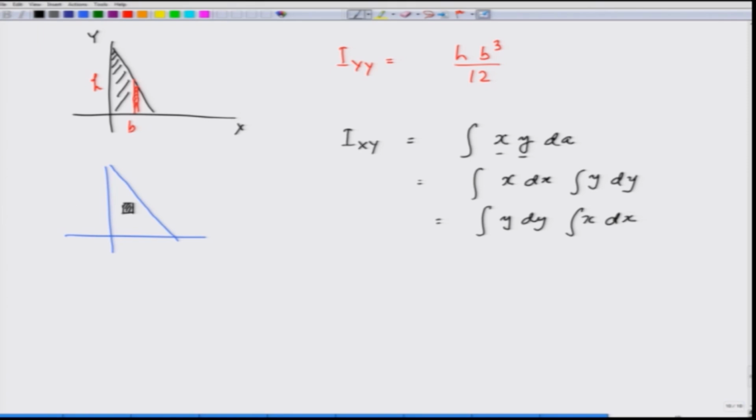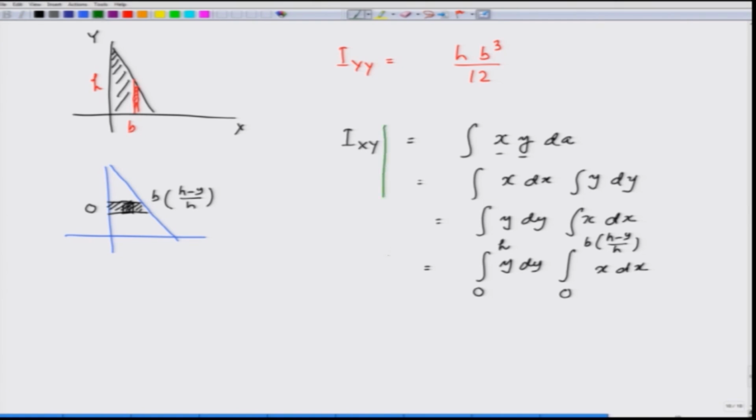Now, the x integral, if I were to perform, notice that x in this strip is going to be from 0 to b (h minus y) over h, up to this distance, and therefore, this integral becomes y dy, where y varies from 0 to height h, and the integral of x dx, where x varies from 0 to b (h minus y) over h. That is the integral that we have to perform.